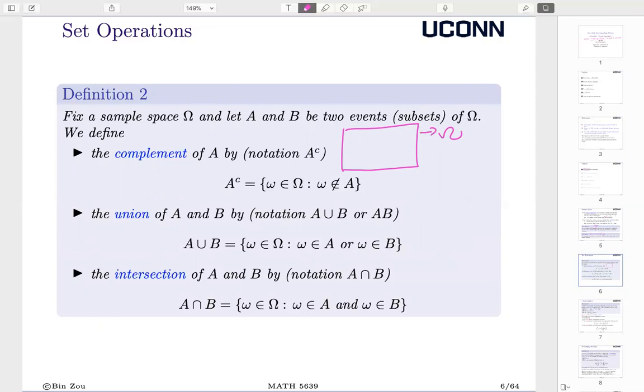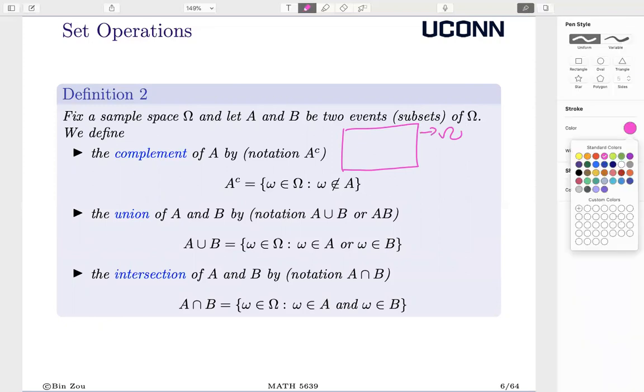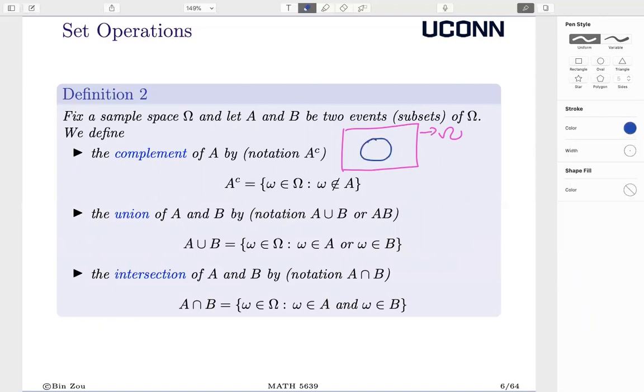Let me get a different color. Let's draw a circle to denote this set. So this is my set A, and everything inside is set A. Now the complement is nothing but the outside part. So basically it's the sample space minus A. This is the complement.